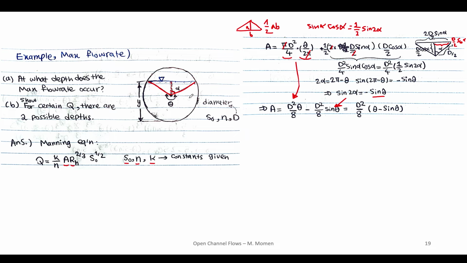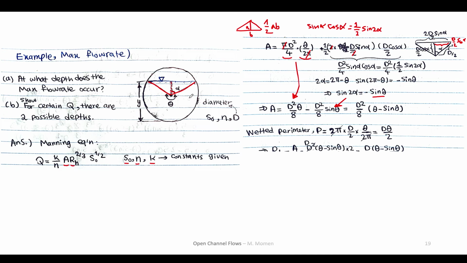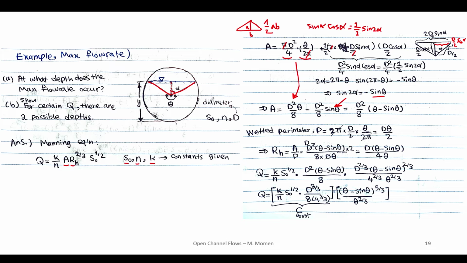And then the next thing we need to find is the wetted perimeter. So wetted perimeter is a little bit simpler. So it's gonna be this perimeter here, which starts from here and then you go down here. Okay, so this is the wetted perimeter. So we know, if it's for the whole circle, the perimeter of a circle is 2 pi times r, right?